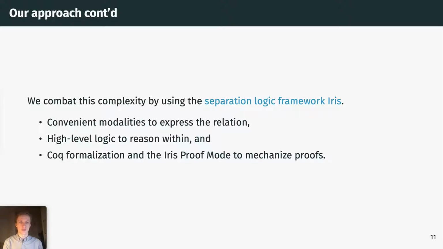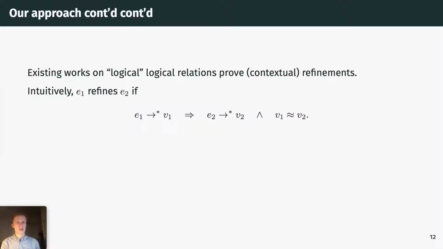Finally, Iris also comes with a Coq formalization and the Iris proof mode for mechanizing all our proofs. However, existing works on these logical relations, where a logic is used to phrase the logical relation, are all aimed at proving different kinds of refinements.